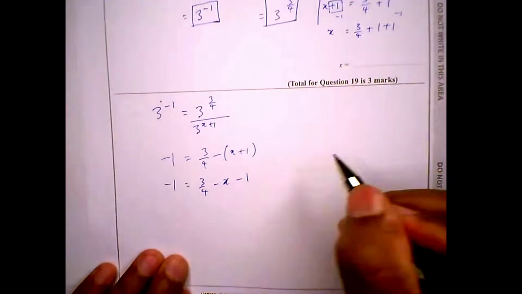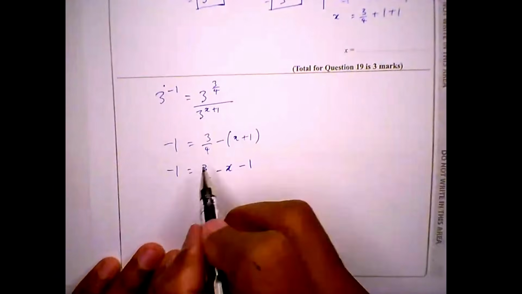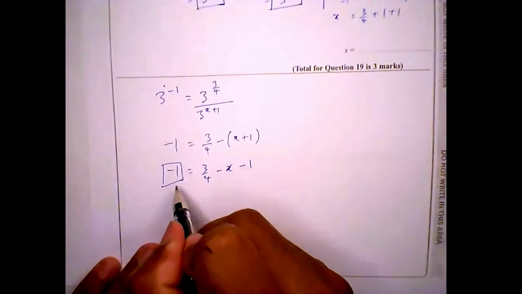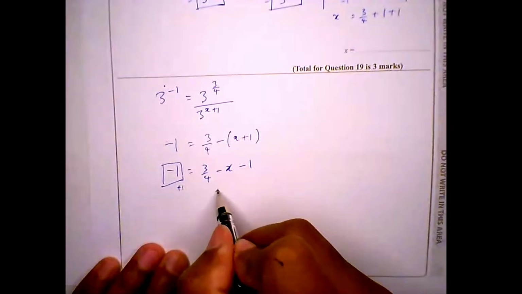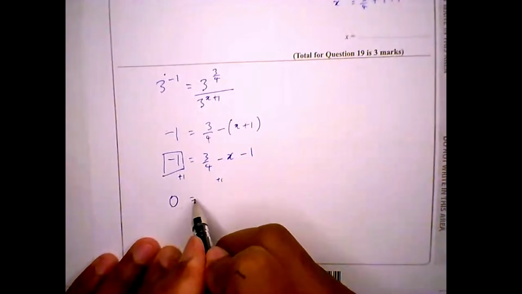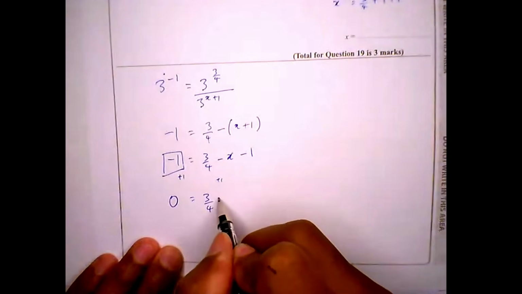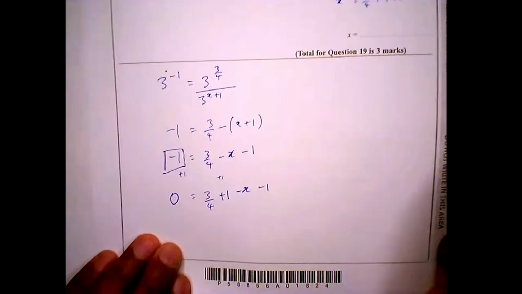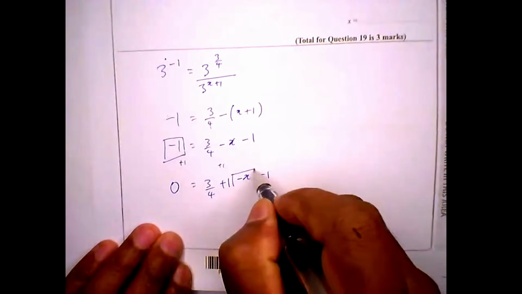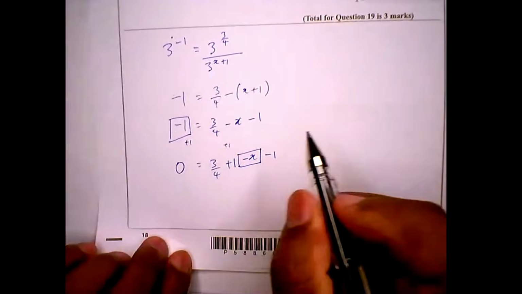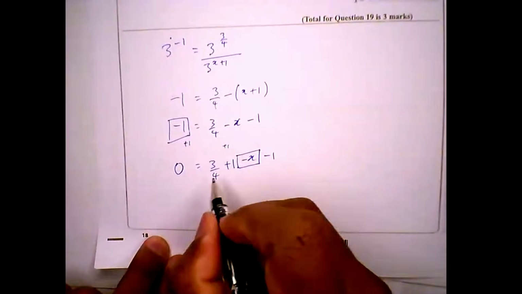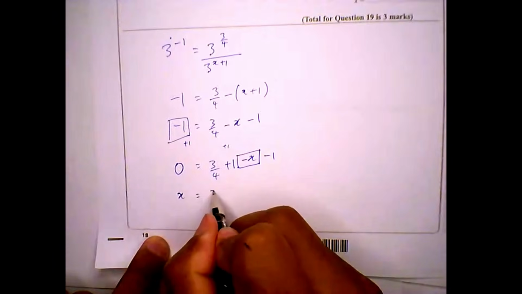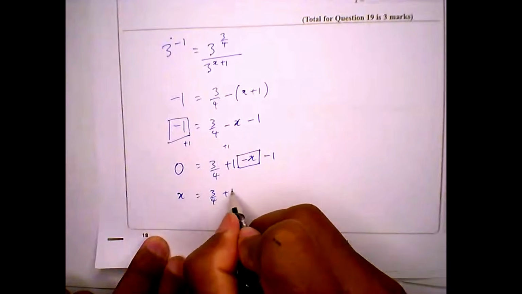There we are. Okay, so I can bring this to the other side. Opposite is plus 1. Plus 1. So if I write this out neatly, equals 3 over 4 plus 1 minus x minus 1. Now I can get rid of the x. Can take it to the other side. So the opposite of that is plus x. x equals 3 over 4 plus 1 minus 1.